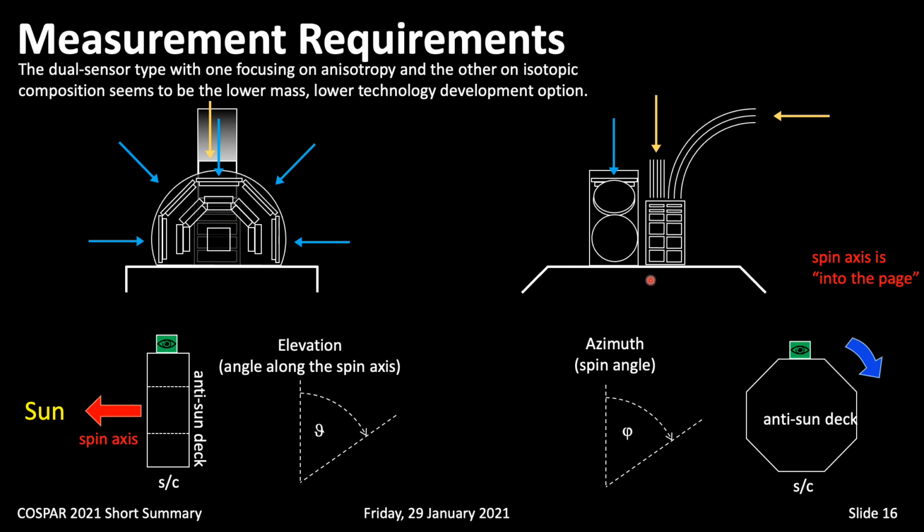If we look at the spacecraft from the back, you see the main anisotropy sensor here and the specialized isotopic sensor here. This one would only get measurements that look straight out from the deck, so no angular information other than that which is provided by the spinning spacecraft.